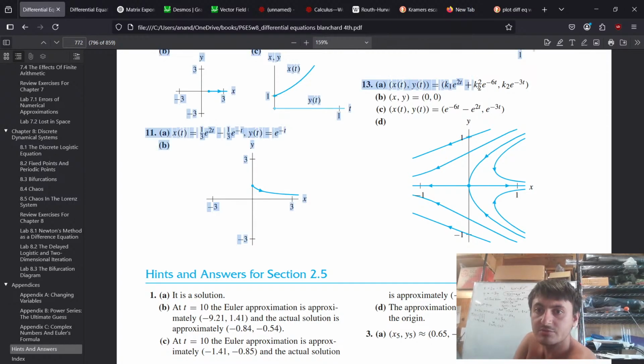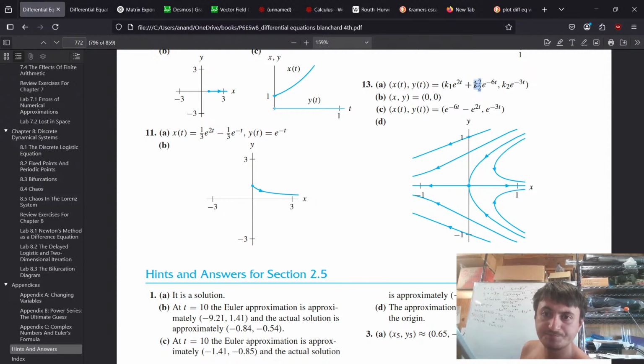Okay, we got this wrong actually. We need to go back and figure that out because that doesn't make sense. We got K2 squared. How did that happen? We need to figure that out because I don't know how they got that. And then K2 e to the minus 3t, that was all good. That was easy.